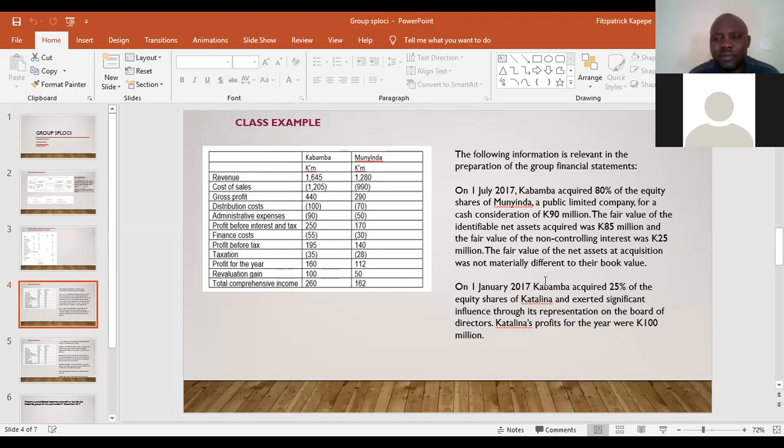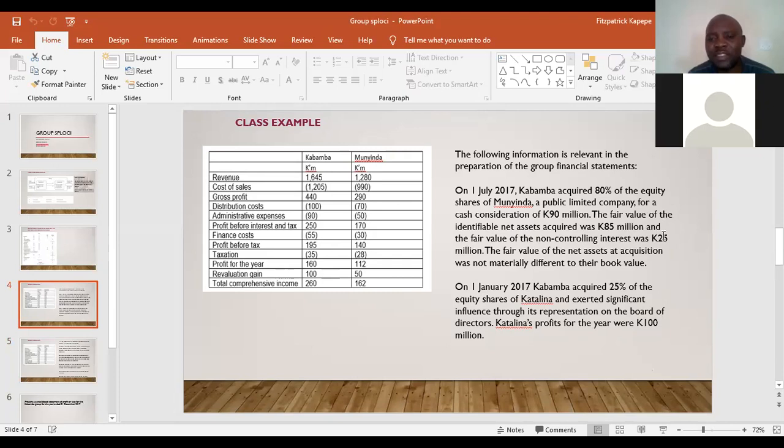So it says, on 1st January 2017, Kamba acquired 80% of the equity shares of Ninda, a public company, for cash consideration of 90. So put the 90 somewhere. The fair value of the identifiable net assets acquired was 85 million, and the fair value of the non-controlling interest was 25.